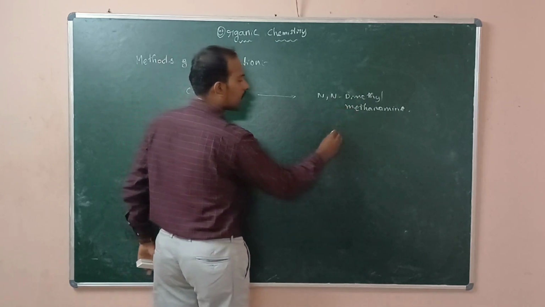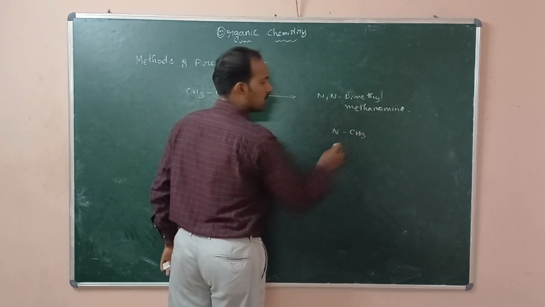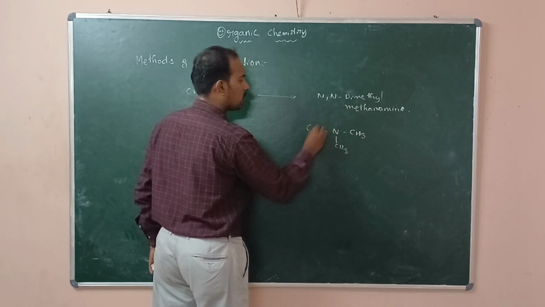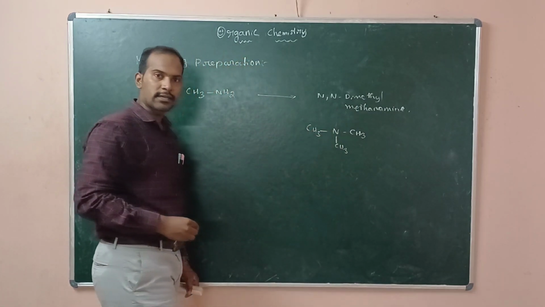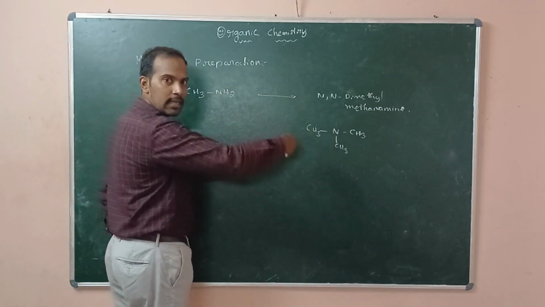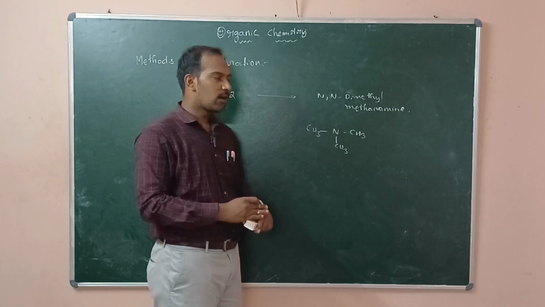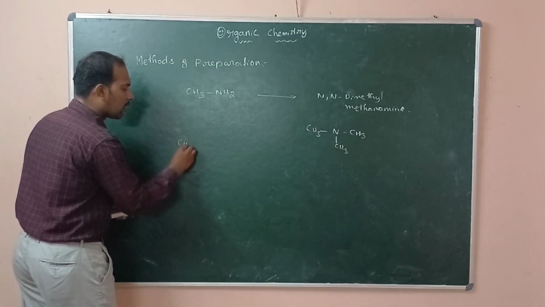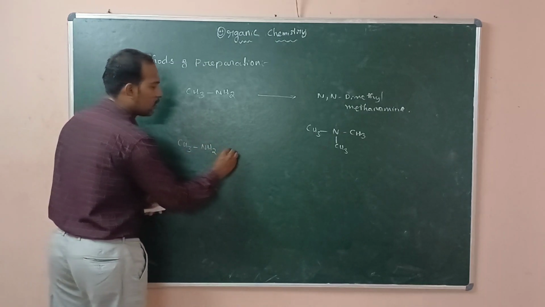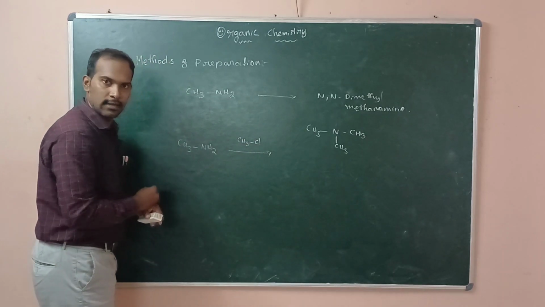In N,N-dimethylmethanamine, on the nitrogen we have CH3, CH3 and CH3, so it is a tertiary amine. For converting a primary amine to secondary or tertiary, definitely we have to use the ammonolysis method. So how can we convert? CH3NH2. Further we can react it with CH3Cl.